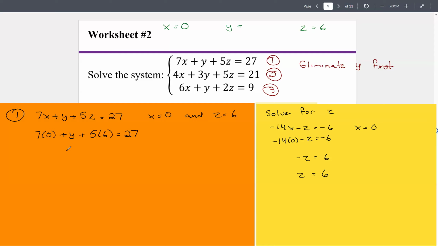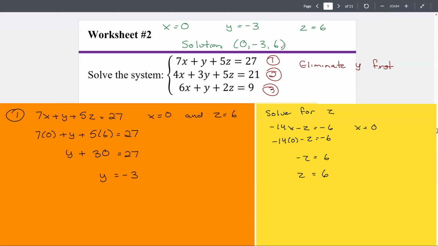So this is going to be 0, so it's just y plus 30 is equal to 27. So if I subtract 30 from both sides, y is going to be equal to negative 3. So my solution is going to be 0, negative 3, and 6.